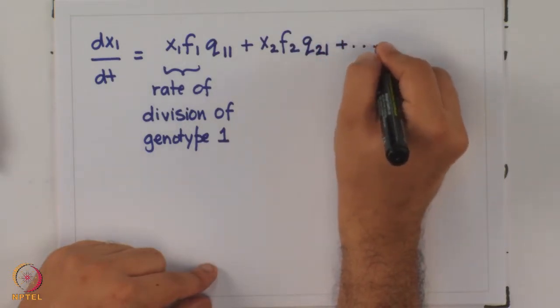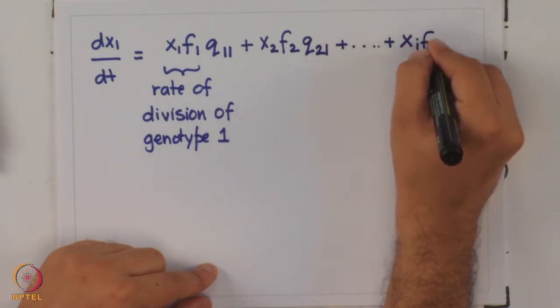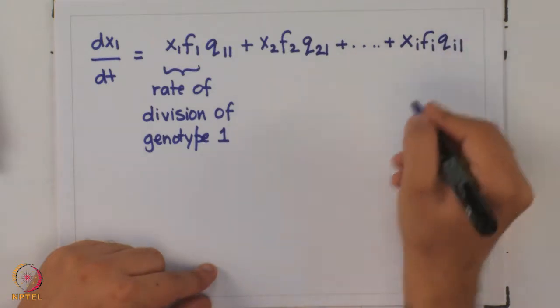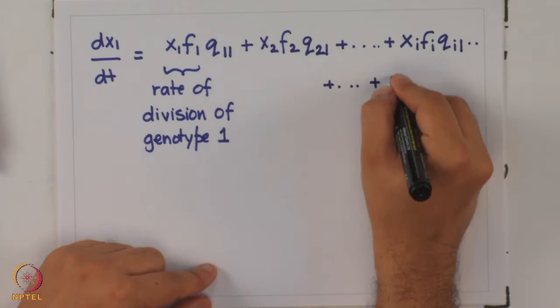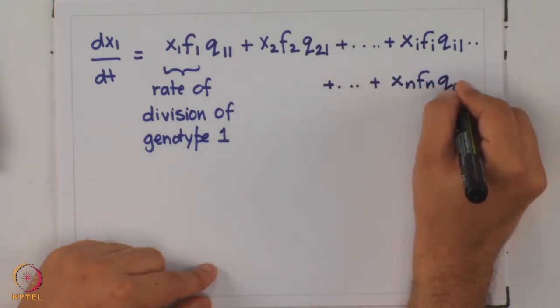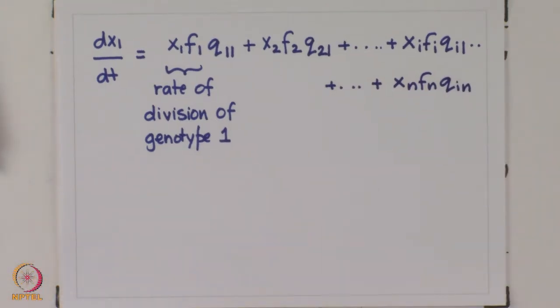And going all the way, the ith expression is going to be xi fi qi1, and there will be n terms in this, and the final term will be xn fn qn1. This gives me an expression for all the events which give rise to a progeny which is of genotype 1.